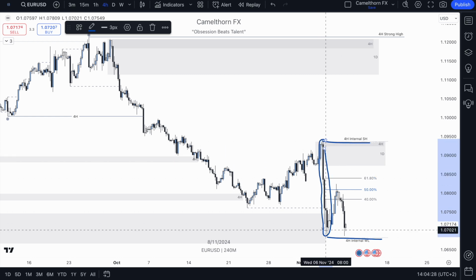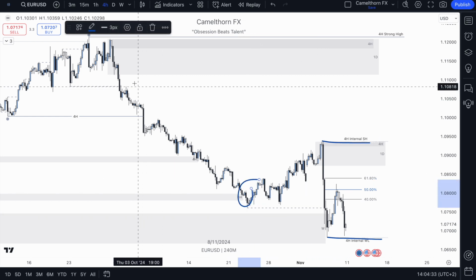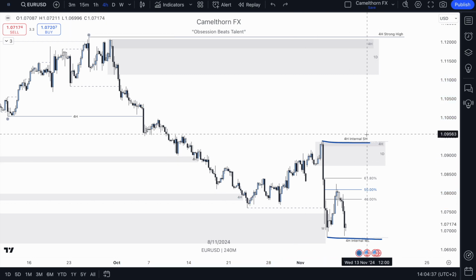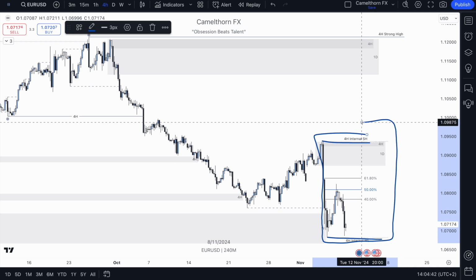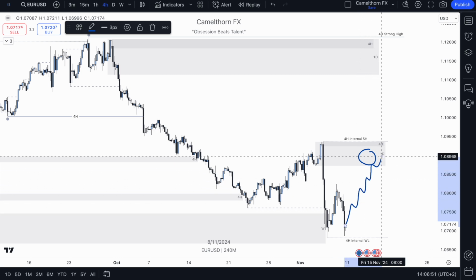And so therefore, it's very difficult to spot the point at which our impulsive phase ends and our pullback phase begins, which is why I have defined a new internal range here by using that 40 to 50% retracement rule.